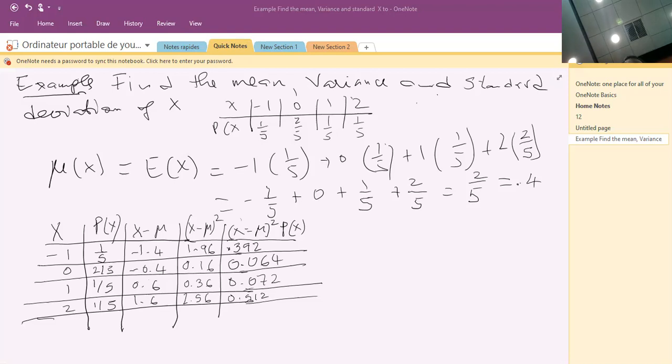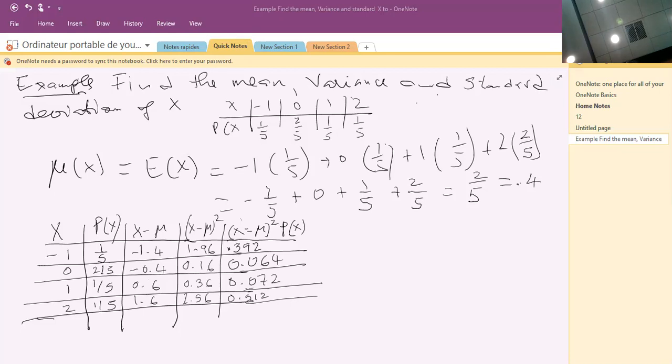Something is wrong here. Let me check it again. That means something is not correct. 1.4 squared gives 0.392.